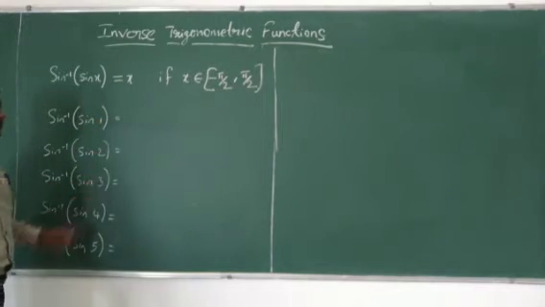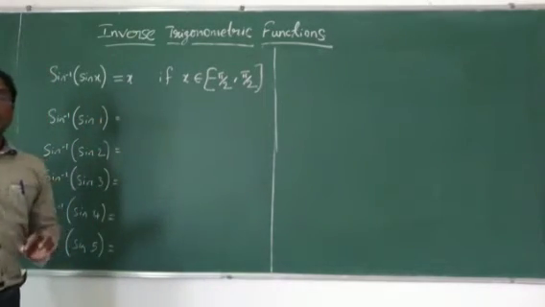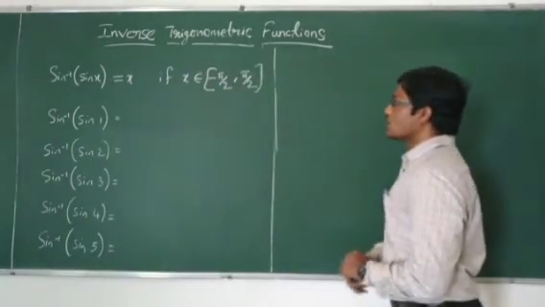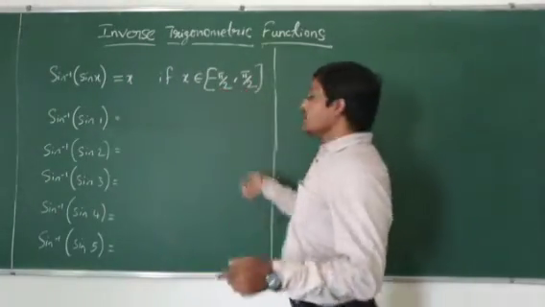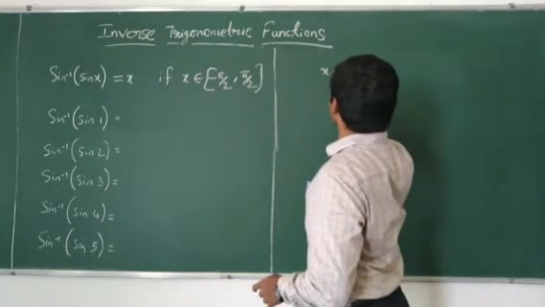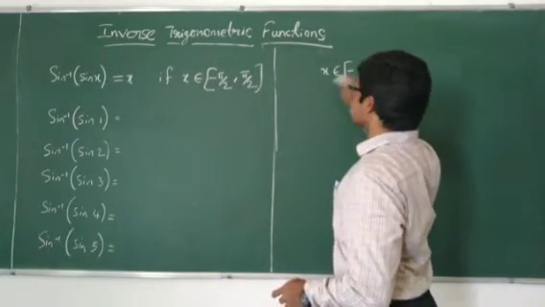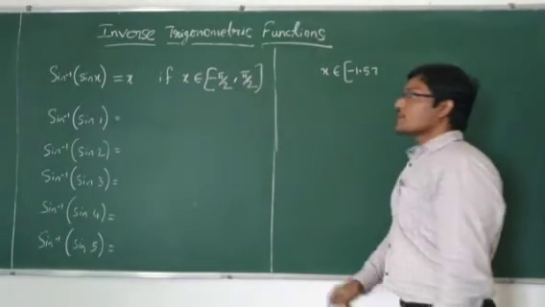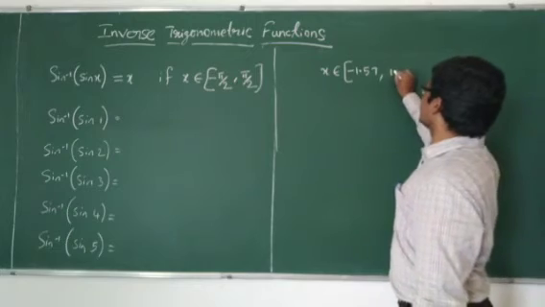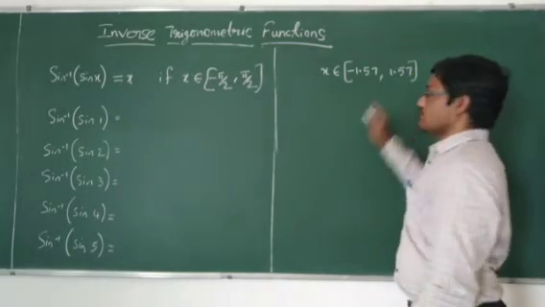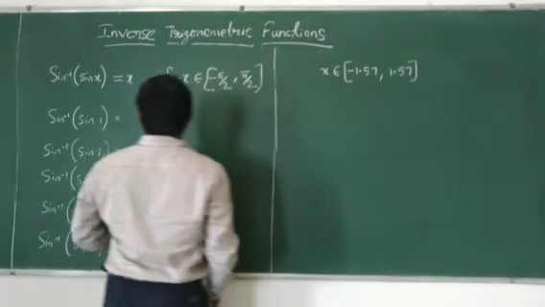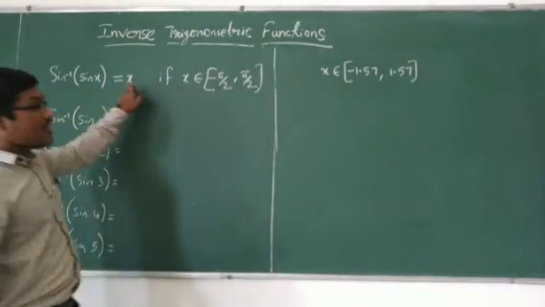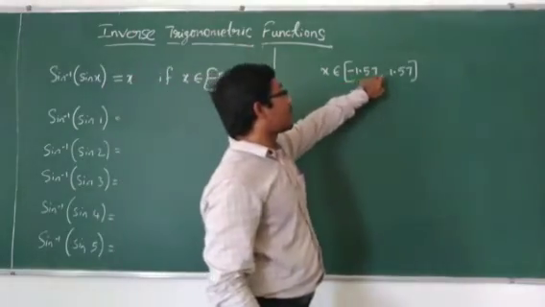Here 1, 2, 3, 4, 5 are given in terms of radians. So to find that value, we will convert this in radians. That is, minus pi by 2 will become minus 1.57, and pi by 2 is 1.57. Based on the condition, sin inverse of sin x is equal to x only if x belongs to minus 1.57 to 1.57.